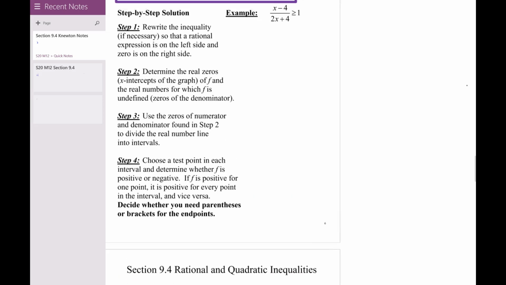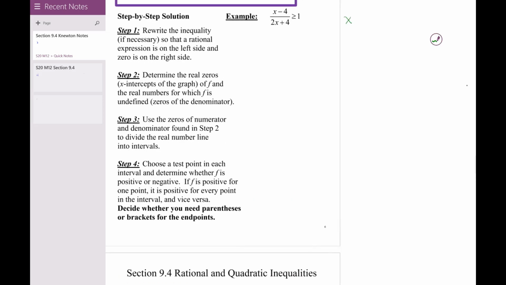So instead, you have to put the 1 on the same side with the rational function, get them over a common denominator, and then we'll go from there.